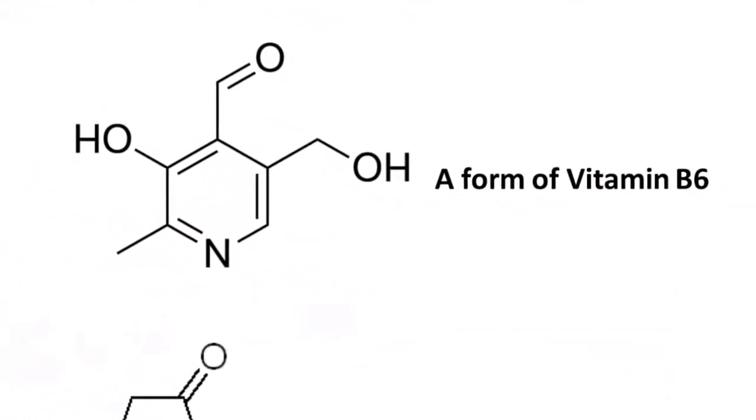Here we have a structure, which is just one of the derivatives for vitamin B6, okay? I want to add some atoms because we still haven't talked about in detail where carbons are. So I want you guys to know there's a carbon atom right here, bonded to a hydrogen.